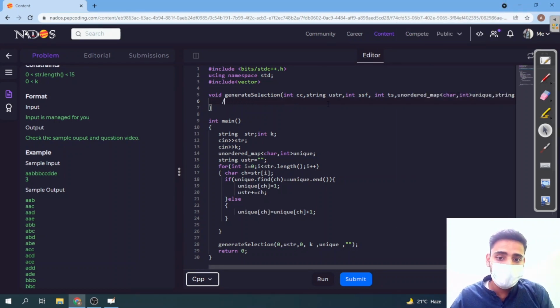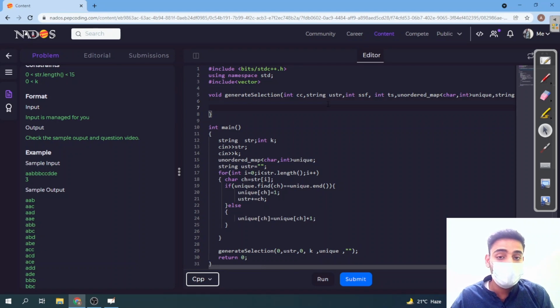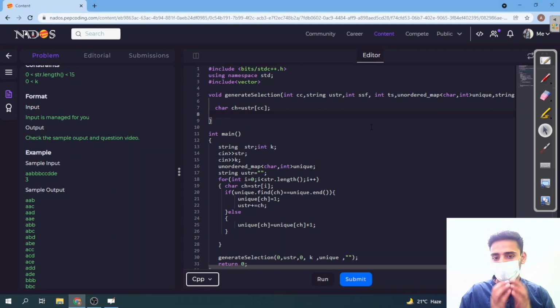First of all, we need the unique character to find out the level. We are selecting for which level, right? So first of all, we are selecting for the first one. If we talk about our string, that was A. So first of all, let's make a character, and that is stored in the unique string. So unique string, the CC, right? So this is done. We have the character now.